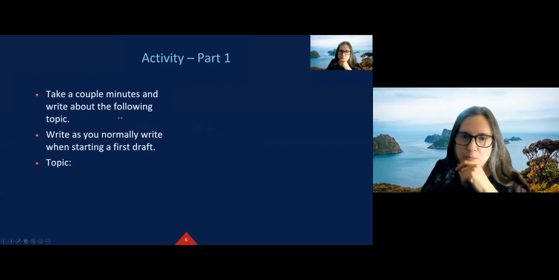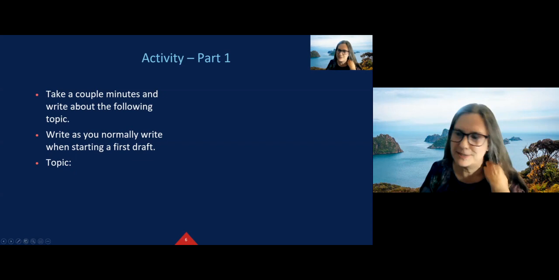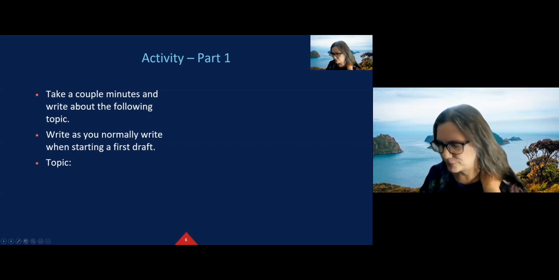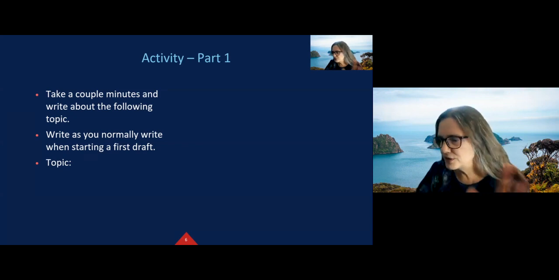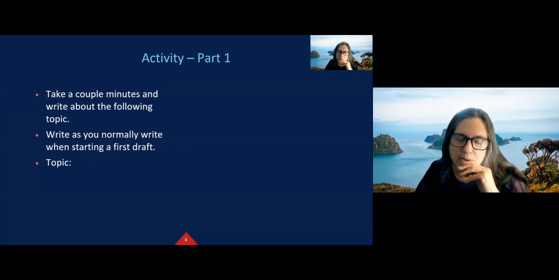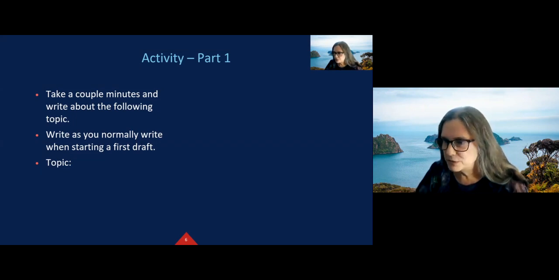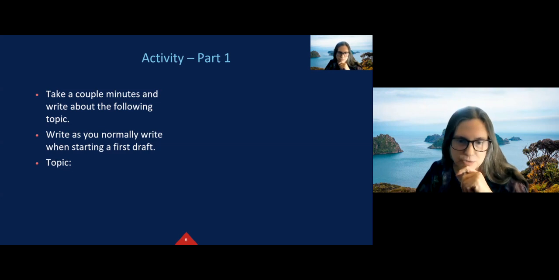So here's what I want you to do. I haven't introduced the topic yet. So if you're wondering, well, she says the following topic, but nothing's there, that's for a reason. I want you to take just a couple minutes, and I'll just kind of loosely time it, to write about the following topic, which I'll introduce. It's a one-word topic. I'll introduce it in just a minute.